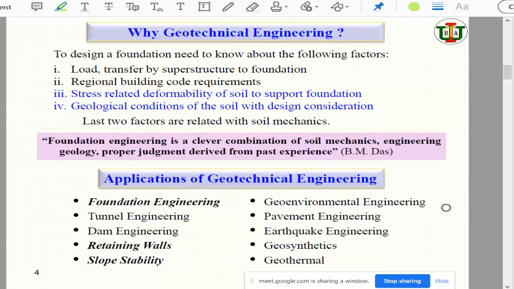So definitely you need to know the behavior of soil while you apply load. This kind of behavior we understand in mechanics. You have studied the basic mechanics, right? In basic mechanics you can see how load is transferring or how the reactions come when you apply some load, the pattern of reactions, amount of reactions.